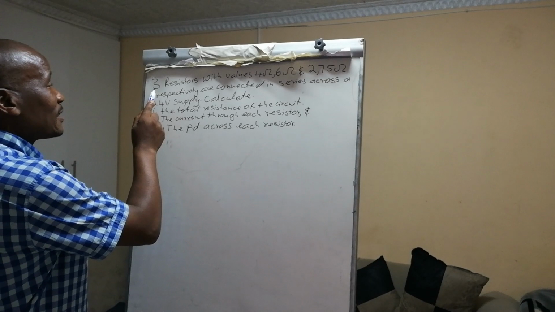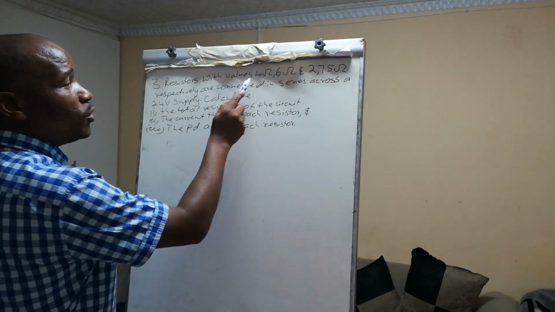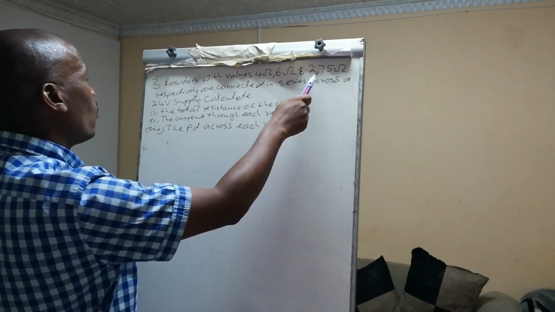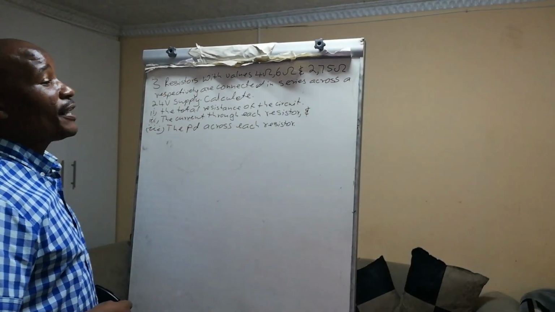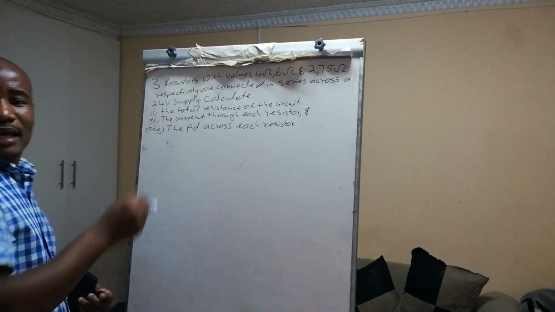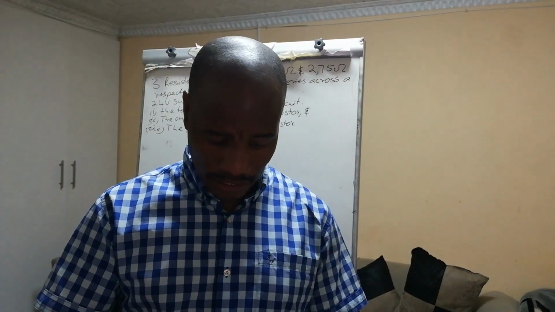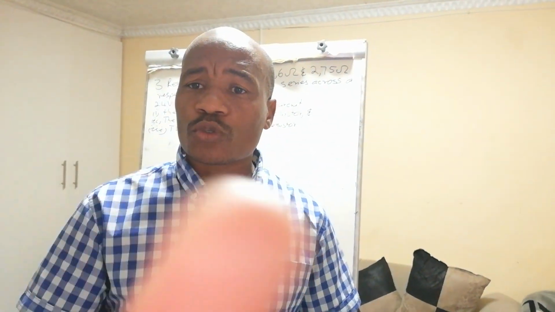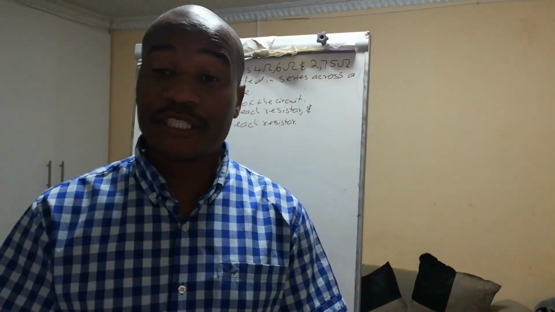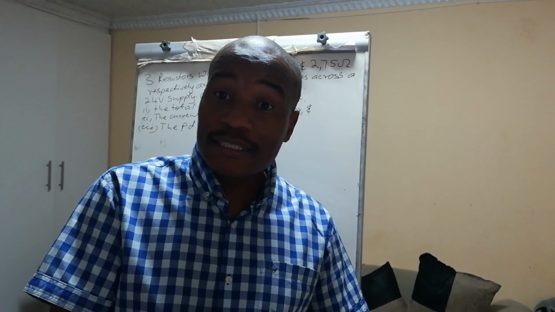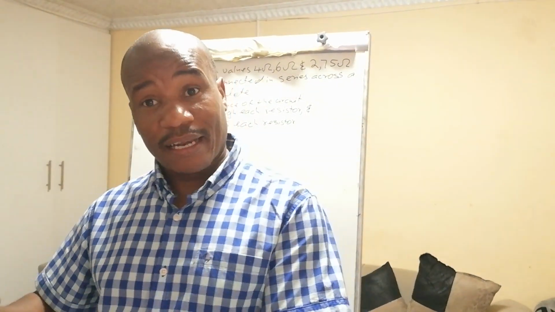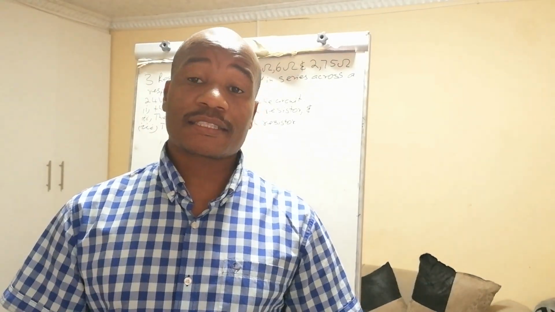Listen: 3 resistors with values 4 ohm, 6 ohm, and 2.75 ohm respectively are connected in series across a 24-volt supply. There are conditions you must know when you deal with a series situation or a parallel branch of resistances.